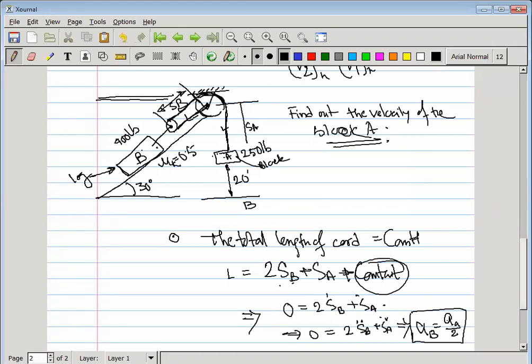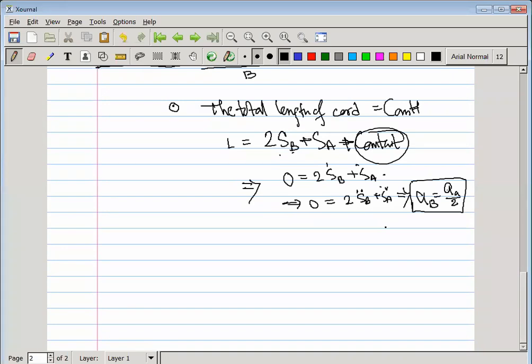From this relation, and since the total length of the cord is constant, we get that the acceleration of B is equal to the acceleration of A by 2. Another thing is that now we have to consider the equilibrium equation.